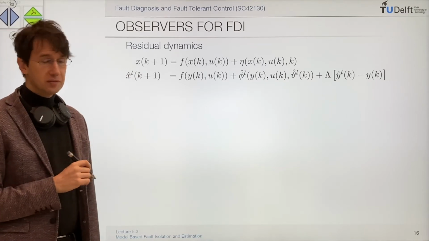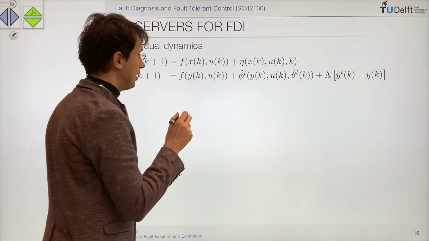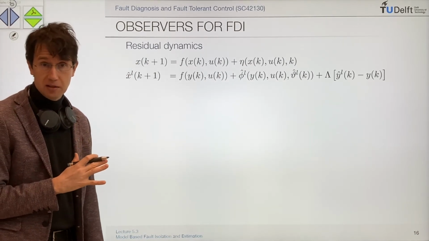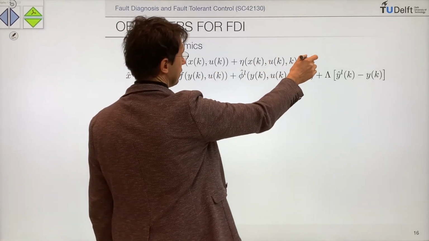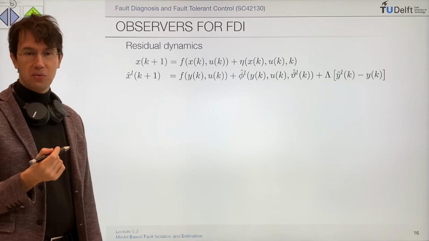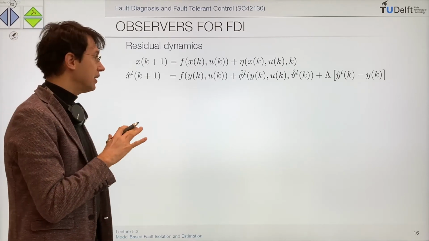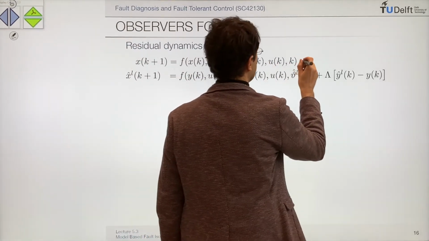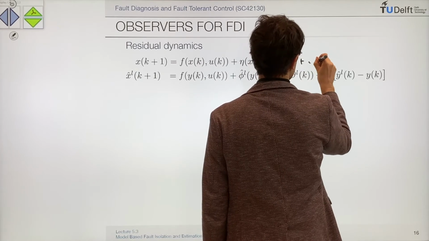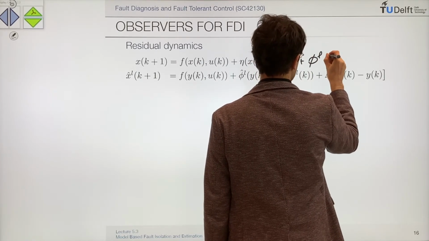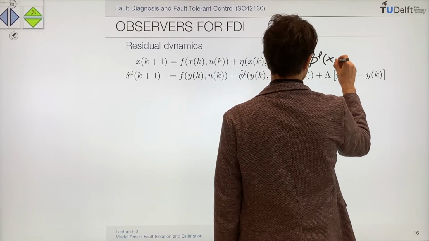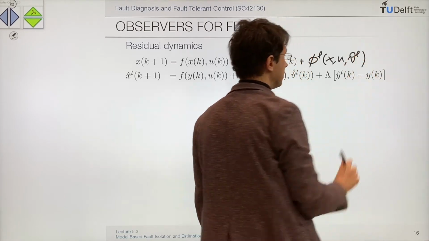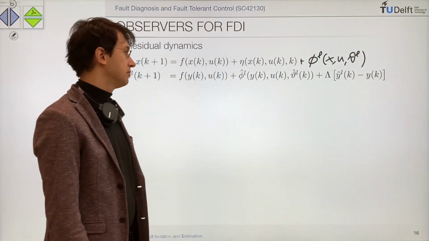Now, we have the equation of the system without a fault, but when we turn on the fault isolation estimators, the fault is present. We have detected it, so we need to add it to the equation. Now the question is, which fault are we adding? So we will now write the residual for the case where we have a matched fault. So we assume that we have the fault number L here. So we have plus phi L that depends on x, u, and theta L. And this is the true value, the true theta L.